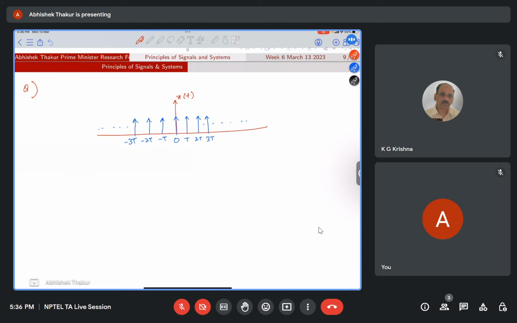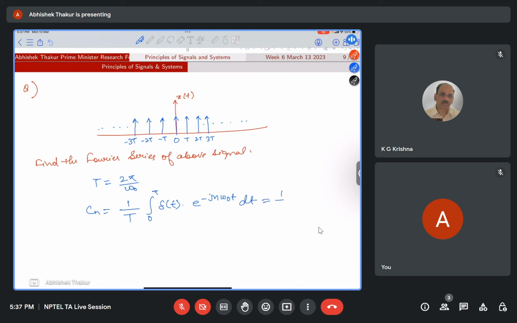Find the Fourier series of this signal. Here we can see that the time period can be written as 2 pi by omega naught, and C_n is equal to, we know, 1 by T integral from 0 to T of delta(t) e to the power of minus j n omega naught t dt.